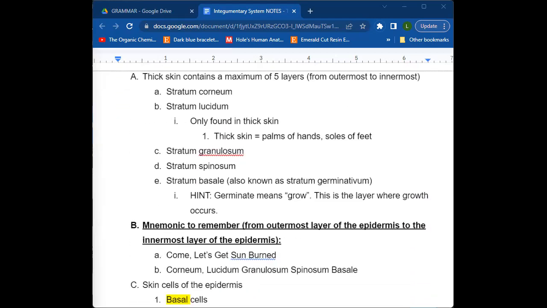The 5 layers found in thick skin are the stratum corneum, the stratum lucidum, the stratum granulosum, the stratum spinosum, and then the stratum basale.